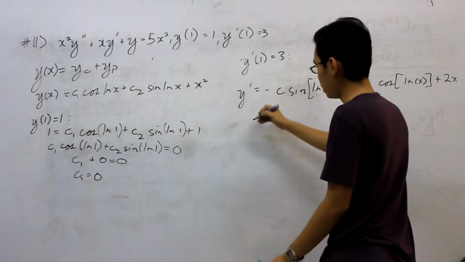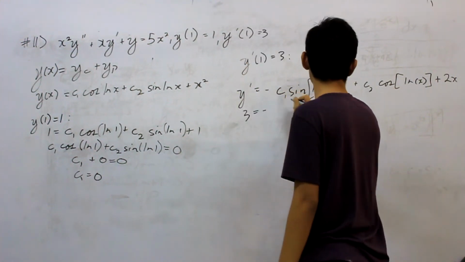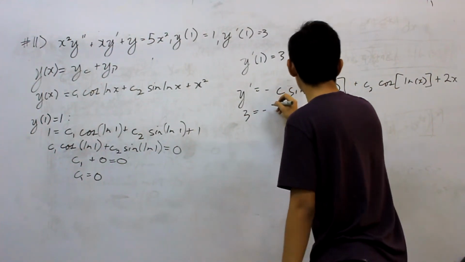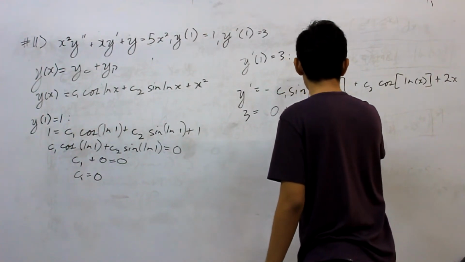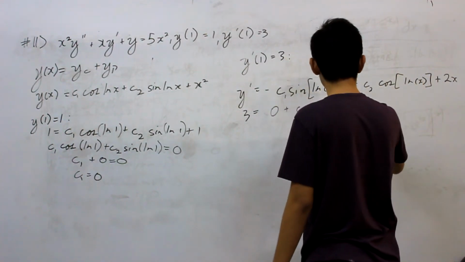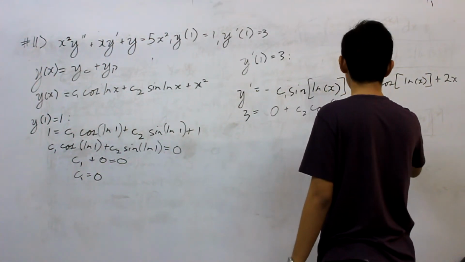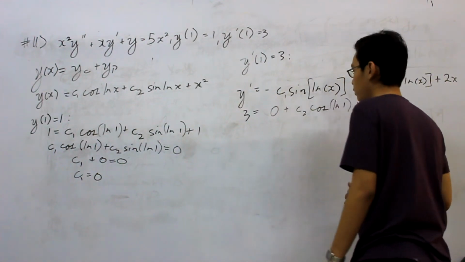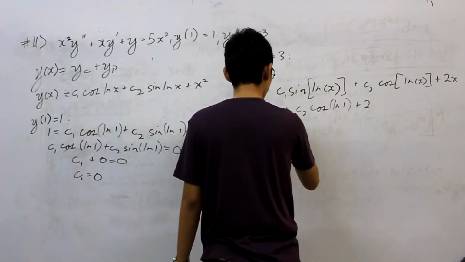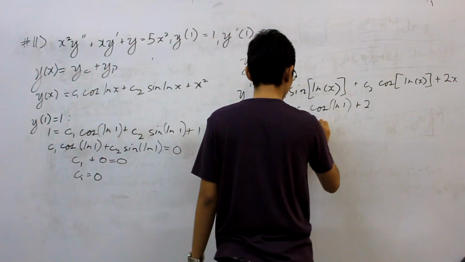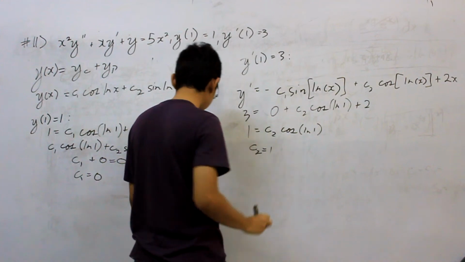We have 3 is equal to negative c1 times 0, so this is nothing, plus c2 cosine of ln of 1 plus 2. Transposing, we have 1 is equal to c2 cosine of ln of 1, which is just 1. So we can conclude that c2 is equal to 1.